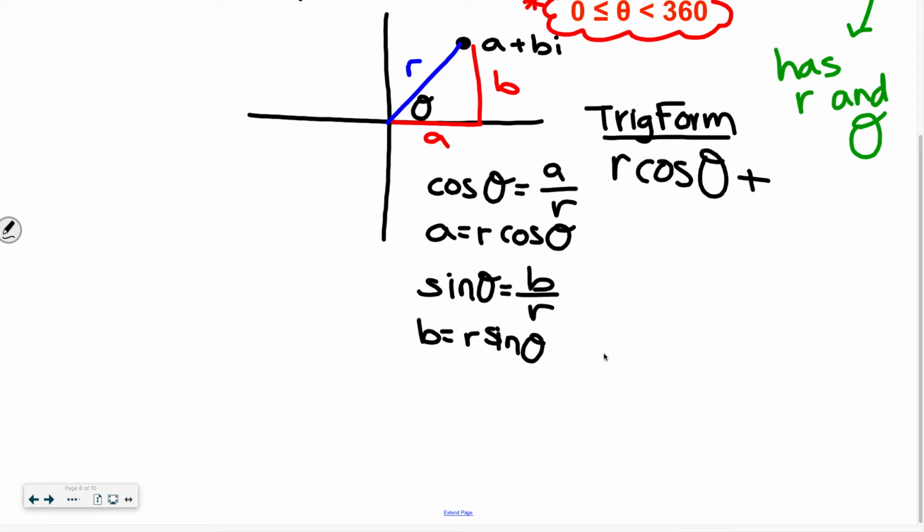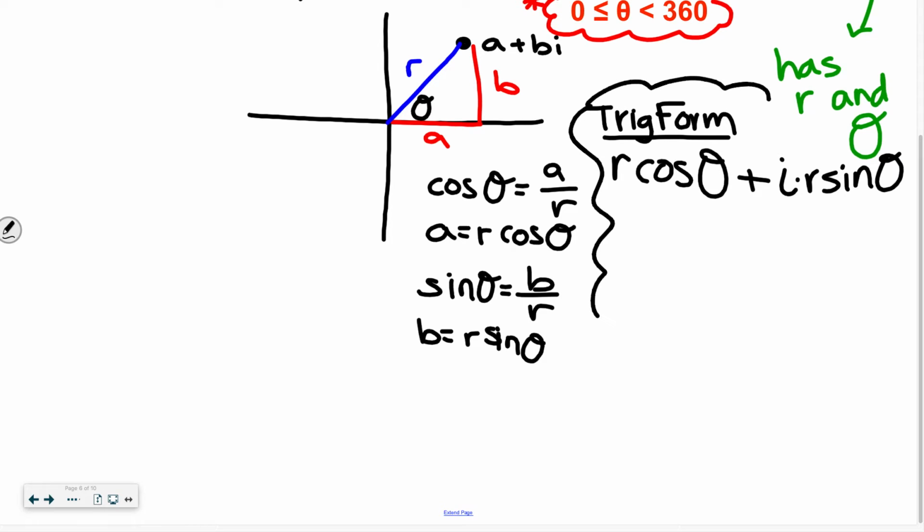Usually you'll see a mathematician, instead of saying r sine theta times i, they'll put the i in front. So I'm just going to do that. But multiplication is commutative, right? So it doesn't matter what order I multiply them. The only reason a lot of people would do that in math is so it doesn't look like the i is on the angle. You can see that r sine theta is a coefficient to i. Okay, this is trig form right there. It looks like a plus bi, except a is r cosine theta and b is r sine theta, the horizontal and vertical components.